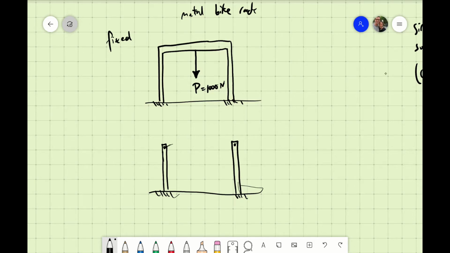I hope you can tell what I'm doing. Wow, my pen is going a little bit nuts here. This one actually has hinges. Instead of welding at those transitions from vertical to horizontal, let's say that it was hinged, and then we pull down with the exact same force.